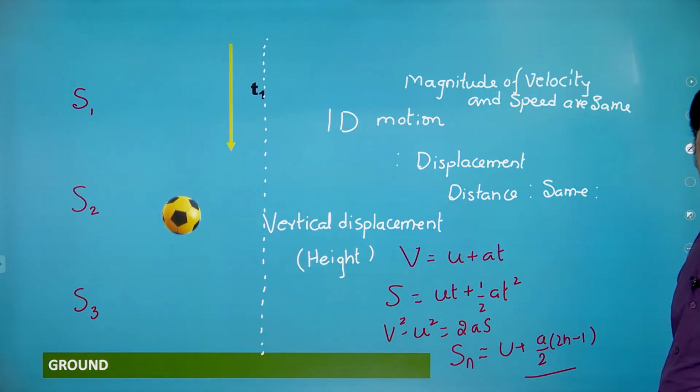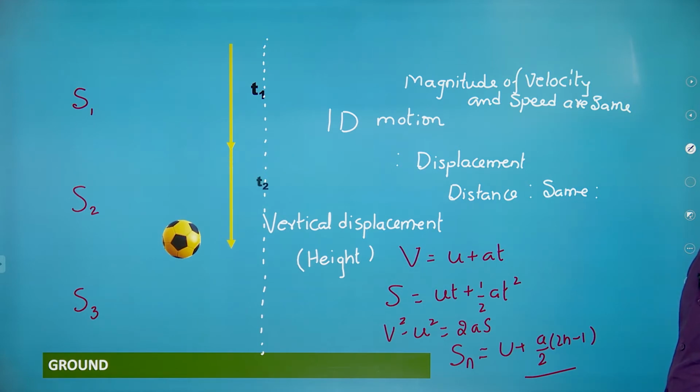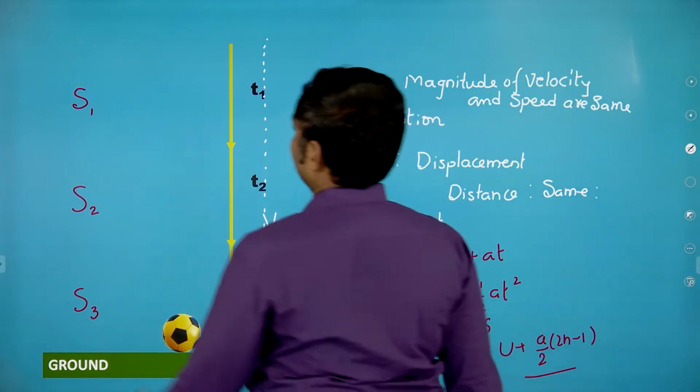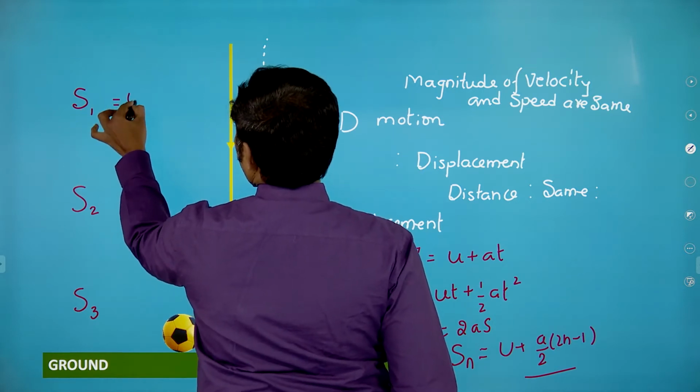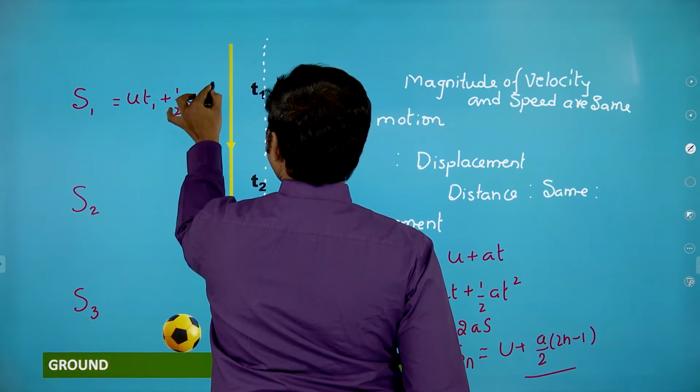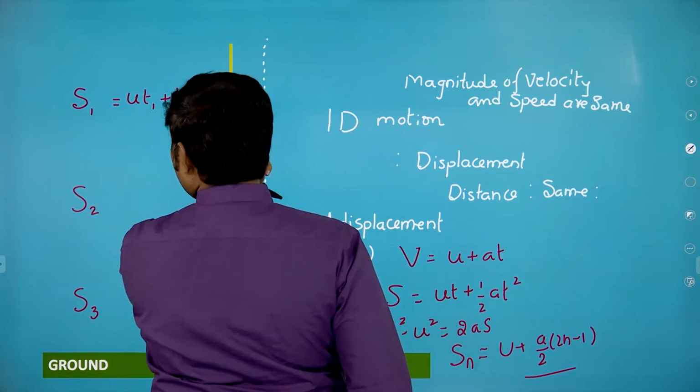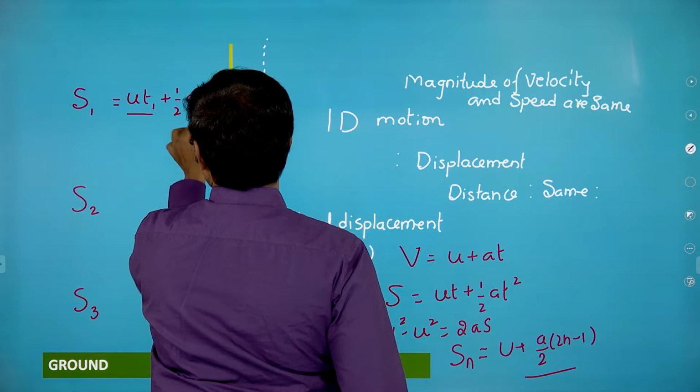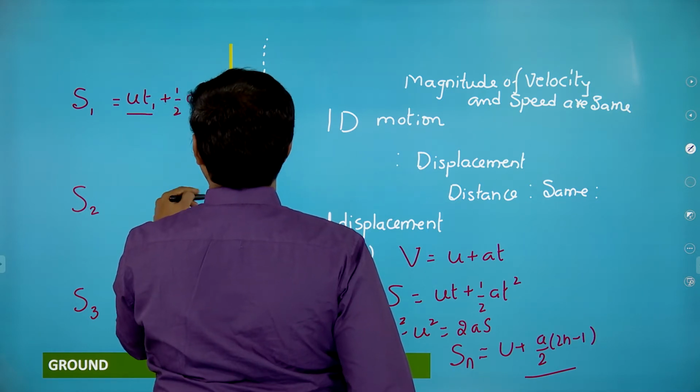In t1 seconds, t2 seconds, t3 seconds also. We would like to talk about S1 = ut1 + 1/2 a t1², then S2 = ut2 + 1/2 a t2², and S3 = ut3 + 1/2 a t3².